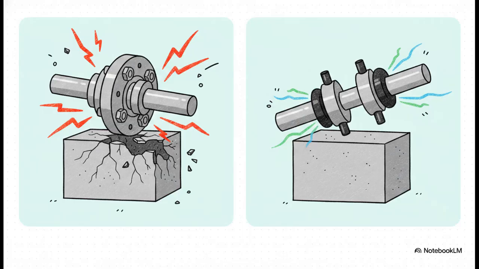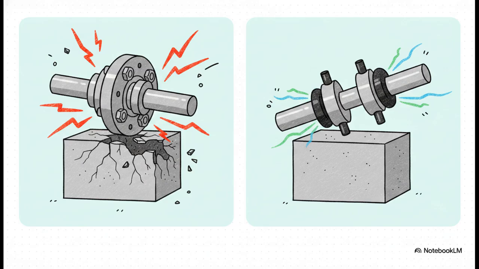But what if we need to permanently connect two completely separate machine units, like, say, an electric motor to a massive water pump? That's where couplings come in. Rigid flange couplings bolt shafts together, sure, but they demand absolute perfect collinear alignment. And the problem is, perfect alignment in the physical world is a total myth. Thermal expansion and settling foundations practically guarantee your axes will eventually offset.